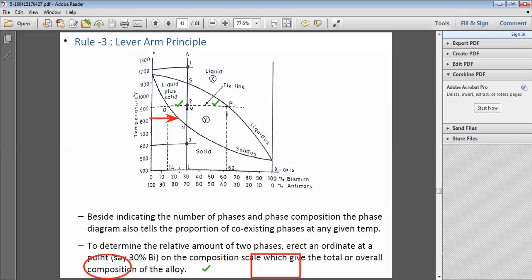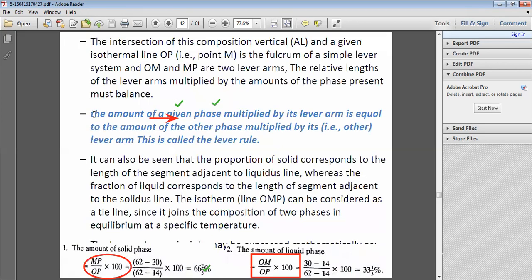So OM will be 30 minus 14, and OP is your overall line, 62 minus 14, that will remain the same. Only the numerator changes; the denominators are the same for both parts.